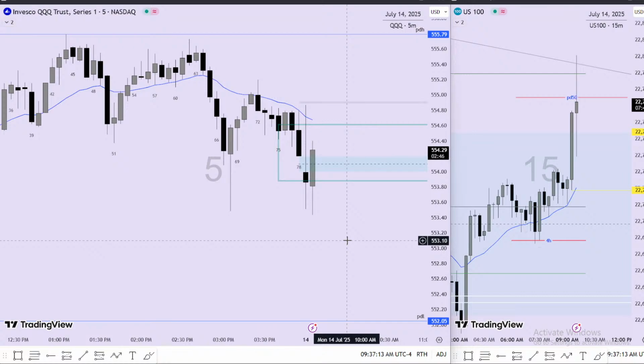We have a strong enough bull bar, good enough for some sideways price action.